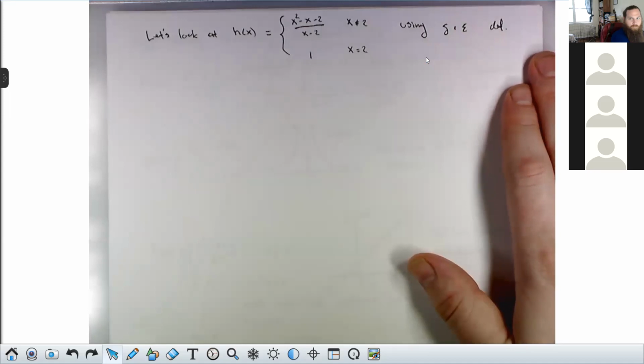So if I use the delta epsilon definition of continuity, what would that say?